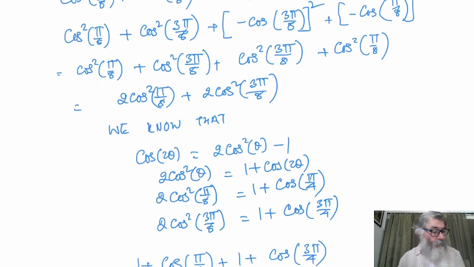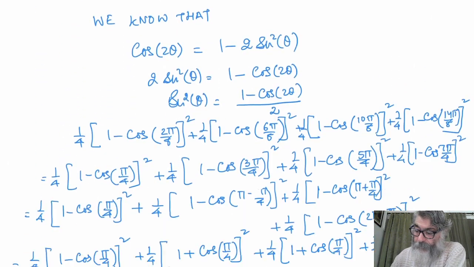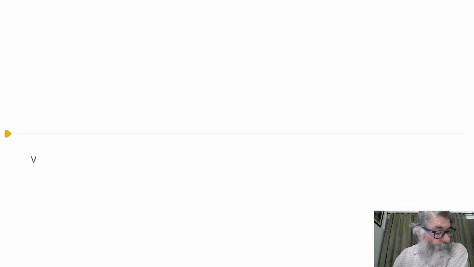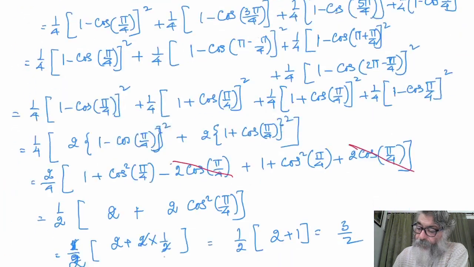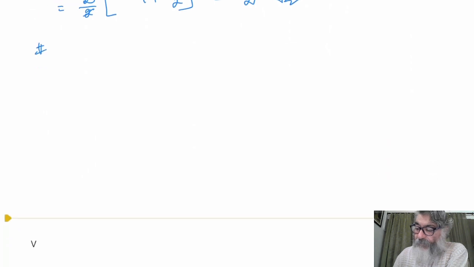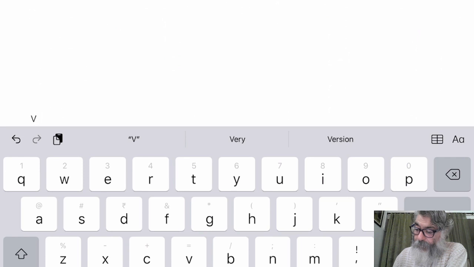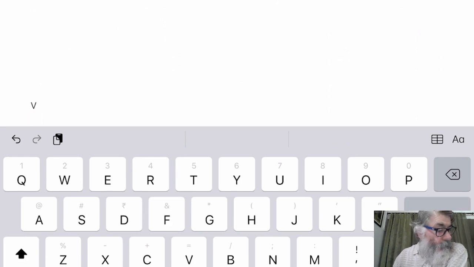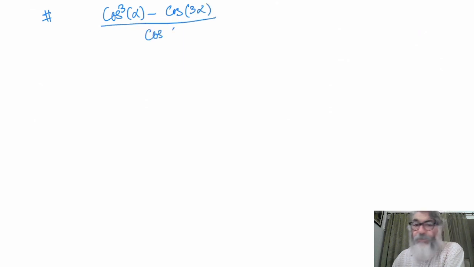Okay, let's do the next question, which is cos cube alpha minus cos 3 alpha upon cos alpha plus sin cube alpha plus sin 3 alpha upon sin alpha, and we have to prove it equal to 3.